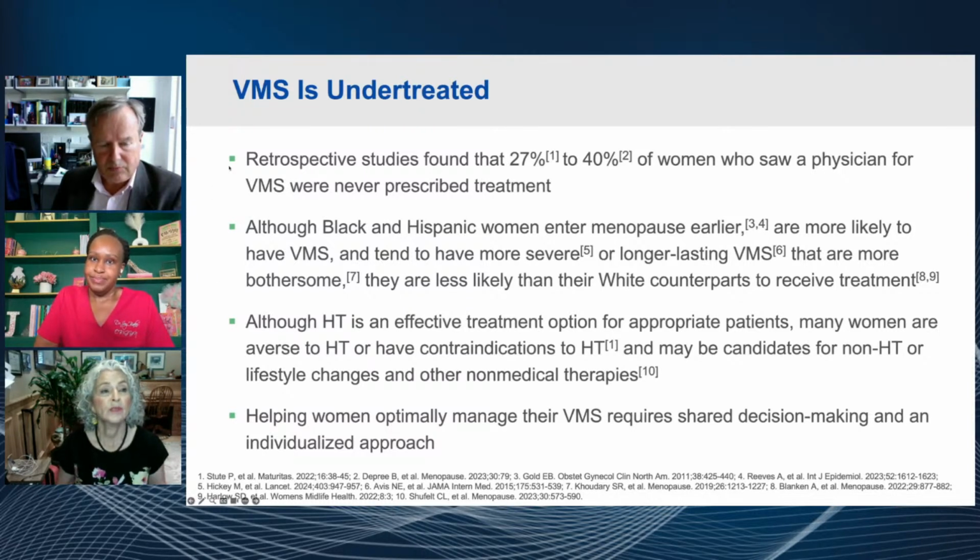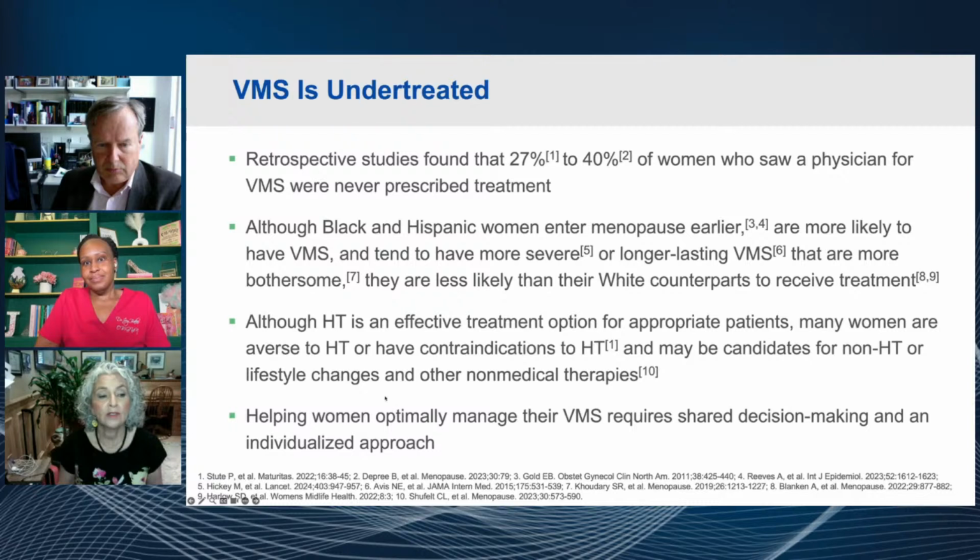So just to wrap up, because I want to leave a couple of minutes for Q&A: we have found that a sizable proportion of women who saw a doctor for vasomotor symptoms never got any prescribed treatment, and that shouldn't be the case. Furthermore, there's a health disparity, because populations of color tend to enter menopause earlier and are more likely to have more severe or longer-lasting vasomotor symptoms, yet they are less likely to receive treatment.